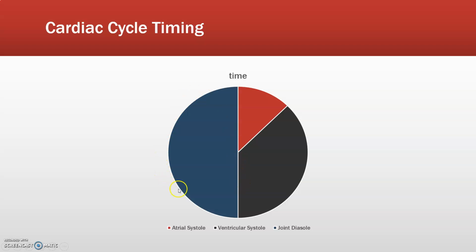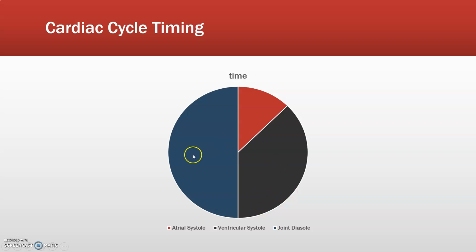Next, this part of the cardiac cycle, which lasts for about 0.4 seconds, is the joint diastole, in which both the atria and the ventricles relax so that the blood can flow in the heart. So the total of 0.1 plus 0.4 plus 0.3 is equal to 0.8. So that's the total timing of the cardiac cycle.